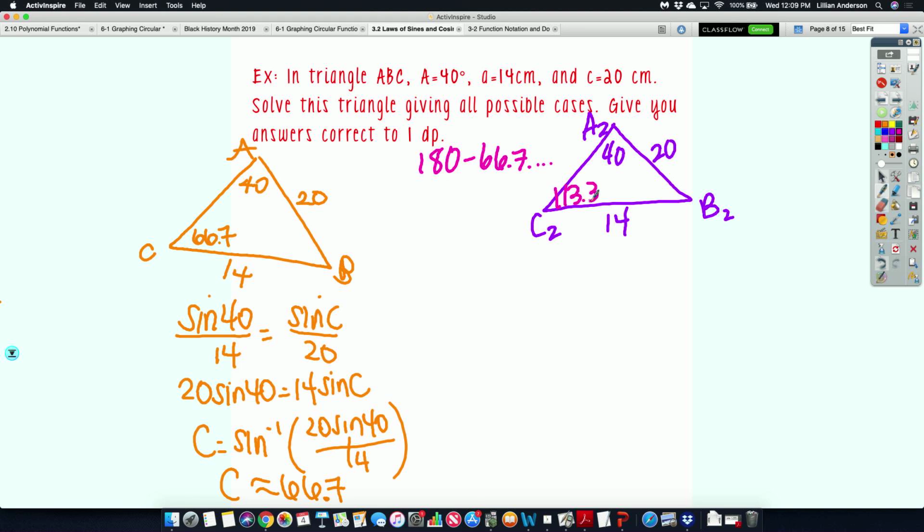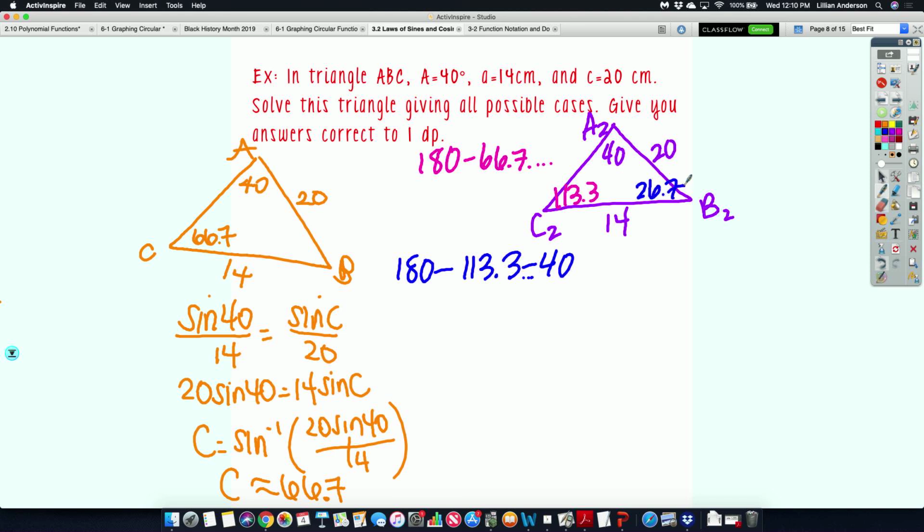So, you need to make sure you do this step here. Because if this is indeed a two triangle situation, then when you add these two up together and subtract it from 180, there should be a positive angle here. Can you add up those two angles, angle A2 and angle C2, and subtract it from 180 and tell me what it is? 26.7.